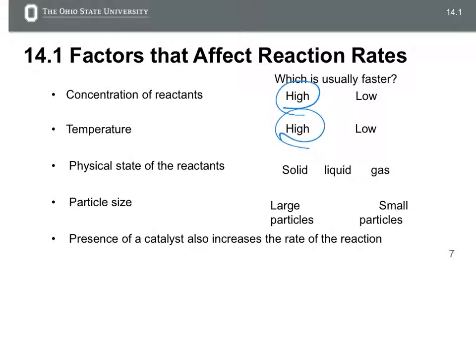Okay, so at a higher temperature, molecules are moving around faster in a container, so they have a greater probability of colliding with one another. I'm going to write this down. Moving faster. The other really important thing with temperature is when we increase the temperature, we increase the energy that those molecules have. So they're going to have a greater energy when they collide.